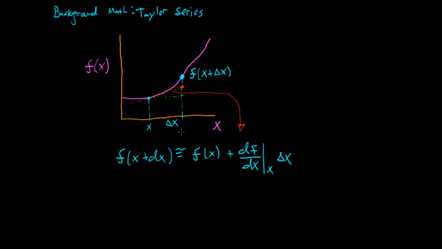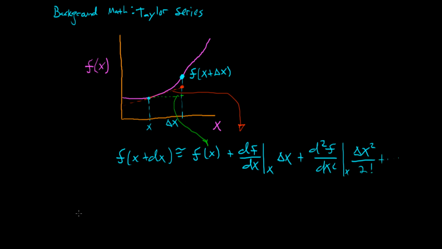And so we could keep doing this idea, right, where first we evaluate it just by saying it's the same, then we correct that estimate by writing the slope, and of course you could do this with the second derivative to close the gap even further, right? We could do something like d squared f dx squared, evaluate that at x, and we have to multiply it by a delta x squared over 2. And you could just keep going.